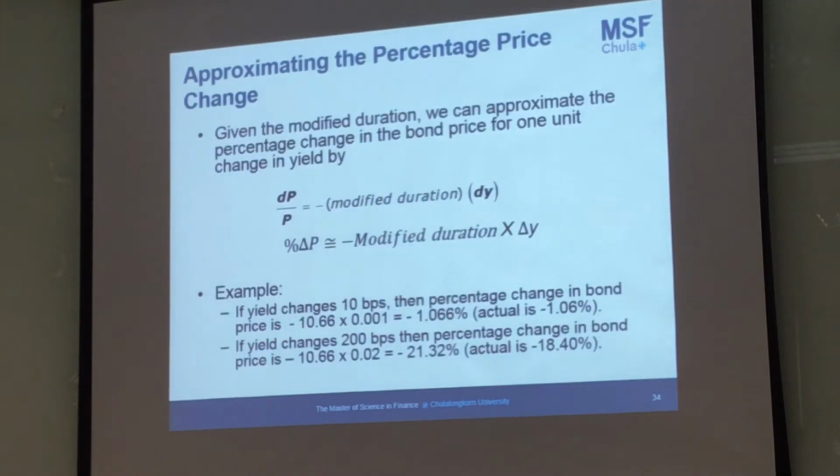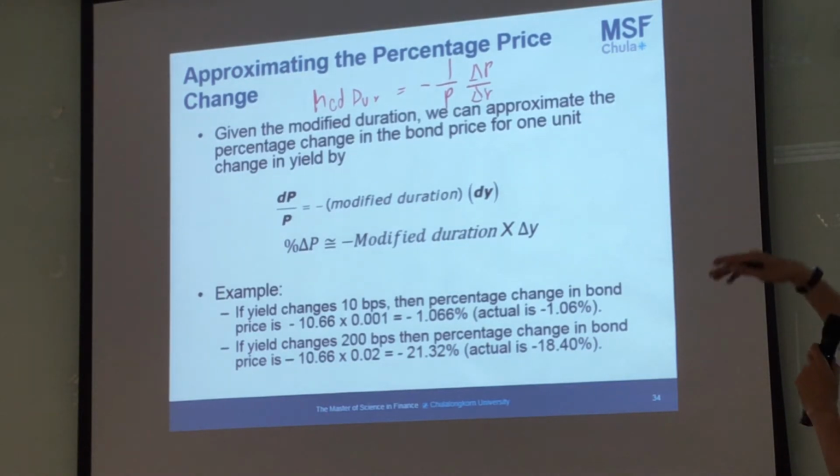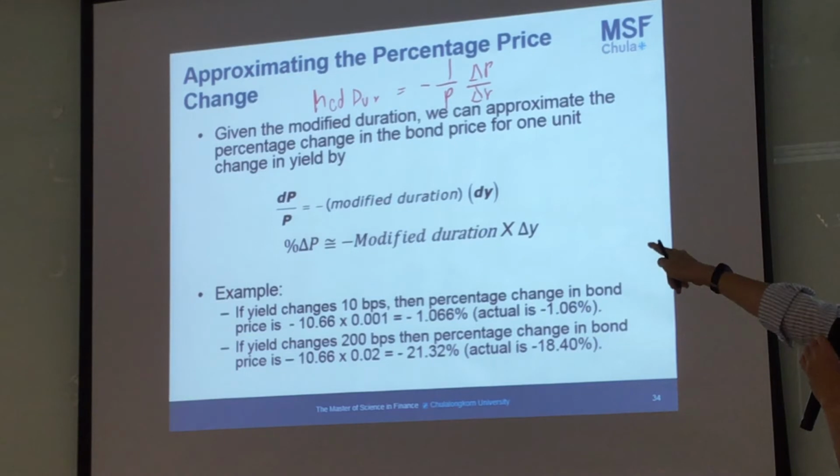Now let's see the application of the modified duration. Based on the modified duration definition, modified duration is equal to minus 1 over P, delta P over delta R or delta Y, in discrete terms. So you want to know the change of the bond price due to the change of the yield, so you just rearrange this formula to get the formula in the slide.